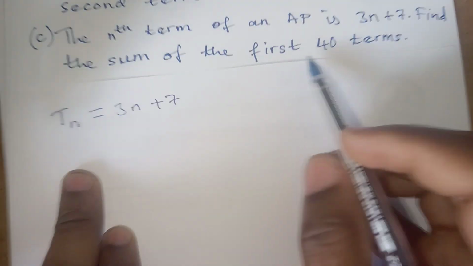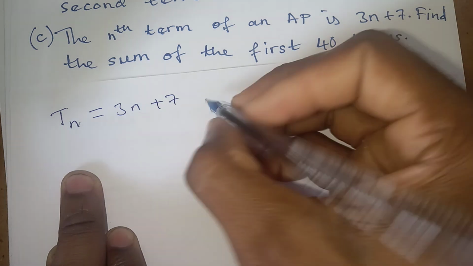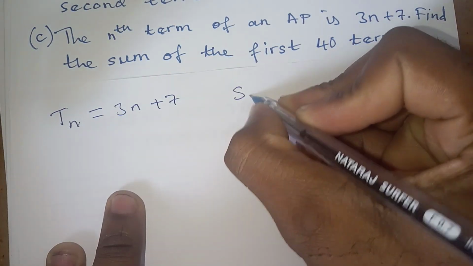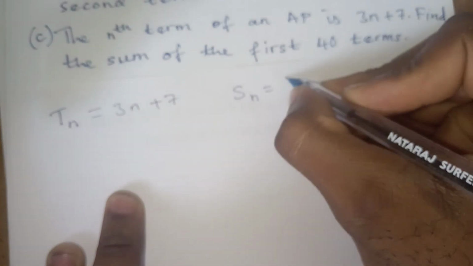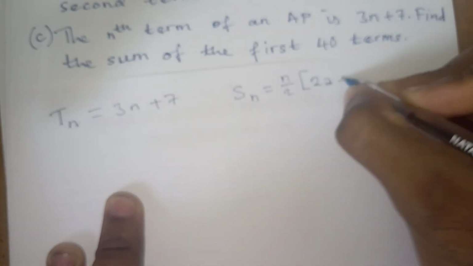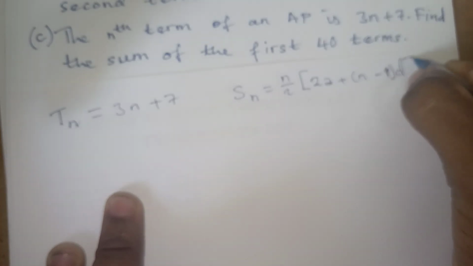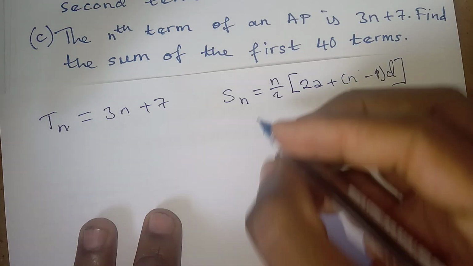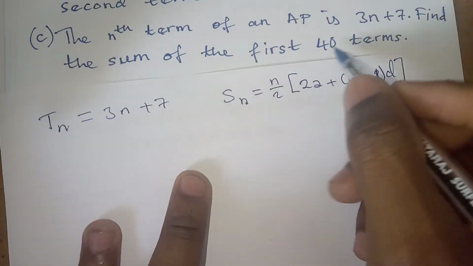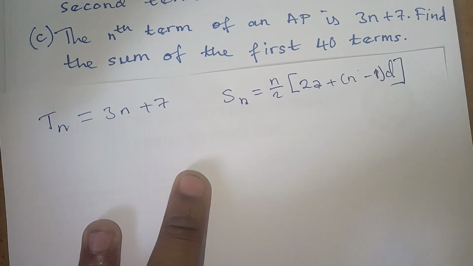Find the sum of the first 40 terms. To find the sum of the first 40 terms, remember the formula is given by this. You know the n, that would be 40, but you don't know what the a is and you don't know what the d is.